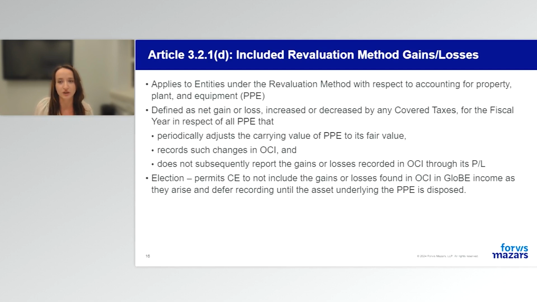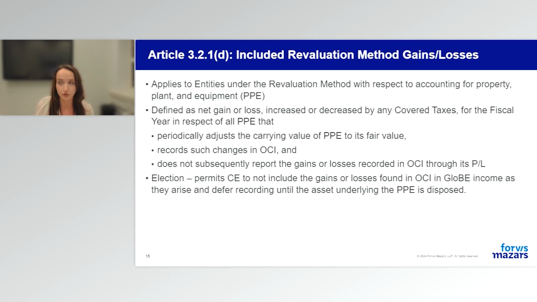Without a corrective measure, the revaluation model affects the GloBE income calculation because the revaluation gains are typically excluded from the GloBE income or loss, while the depreciation is based on the revalued amount. Therefore, an adjustment should be made to include this method's results.